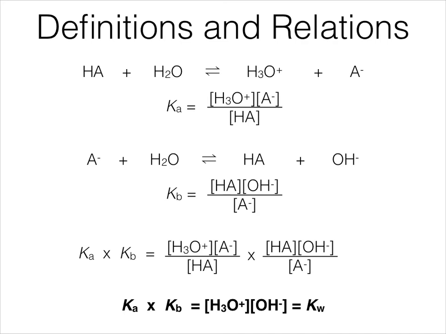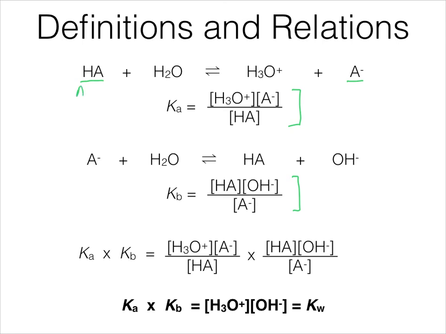Okay, so some more definitions and relations. Let's just make sure that we remember these. So we talked in our first session about how the Ka and the Kb are defined. Now, notice I chose my Ka and my Kb very specifically here. In the first reaction, I have the generic acid HA forming the conjugate base A minus.